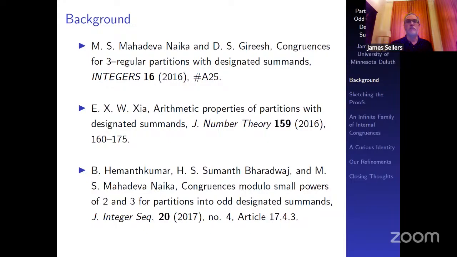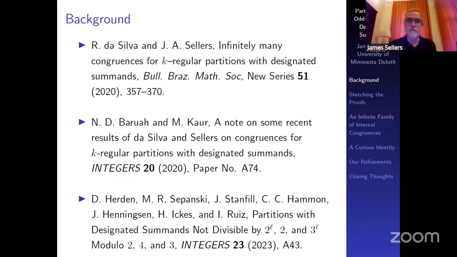In the same year, Ernest Jha in the Journal of Number Theory looked back again at PD. And then we have additional papers, Journal of Integer Sequences in 2017, looking again at PDO. I had the privilege of writing a paper in 2020 with my Brazilian colleague, Robson da Silva, where we looked now at these k regular PD partitions.